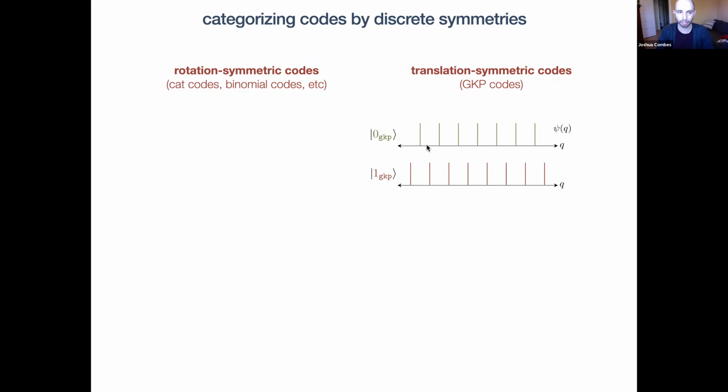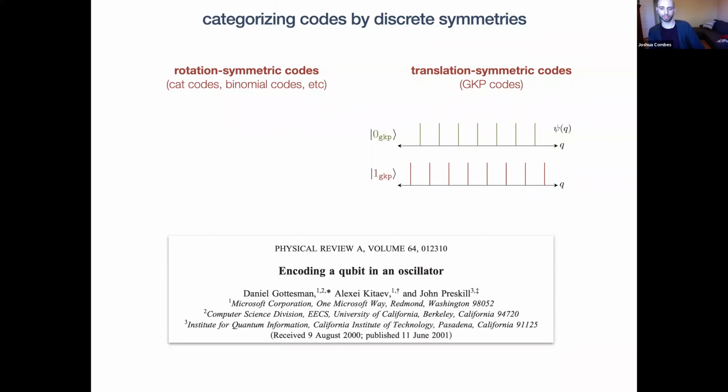And for the dual basis code words, for the X basis code words, it's actually easiest to think about those in the momentum representation, in which case plus and minus look identical to 0 and 1, except the lattice spacing is different. But to be consistent, we will stay in the position basis, and things are also kind of obvious there. These translation symmetric codes are called GKP codes, after Gottesman-Kitaev-Preskill, who wrote this paper.